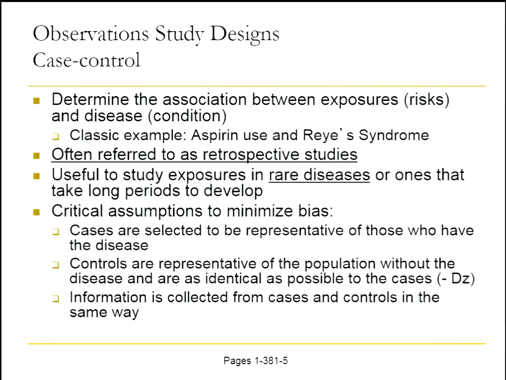And the definition of these is crucial in the appropriate selection of those subjects. Okay, the other thing that's important is that the information that we collect is the same in cases and controls. That is, whether it's the same person, whether it's the same instrument that we're collecting information from, whatever, information needs to be collected in the same way.